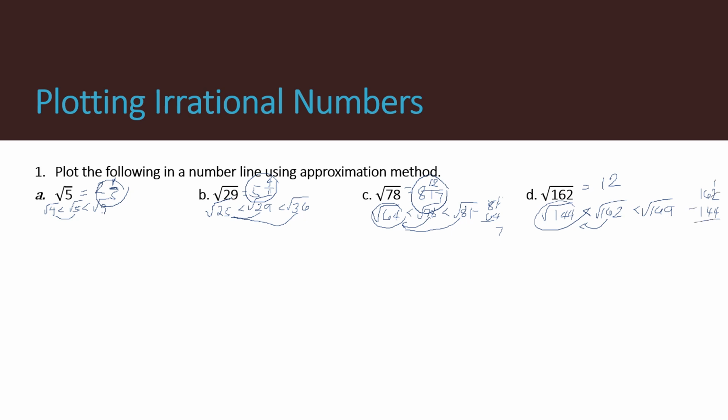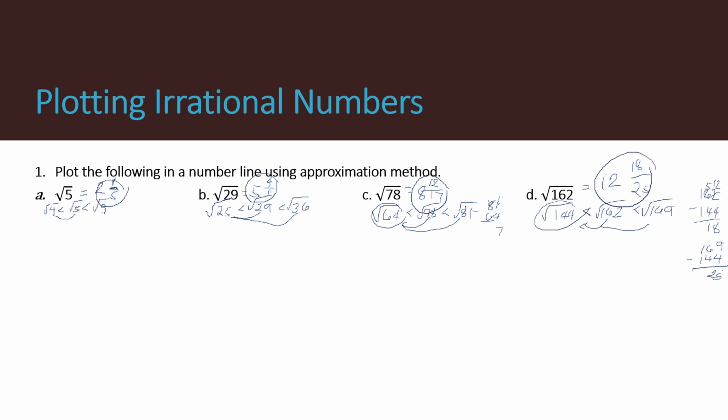The result is 18. And what's this? 169 minus 144. The result is 25. So 12 and 18 over 25.